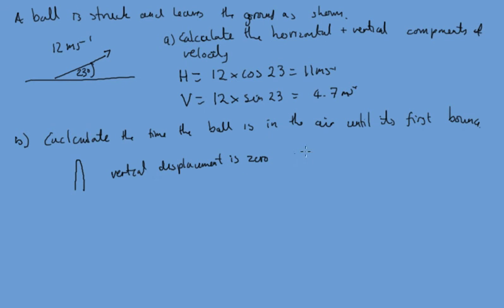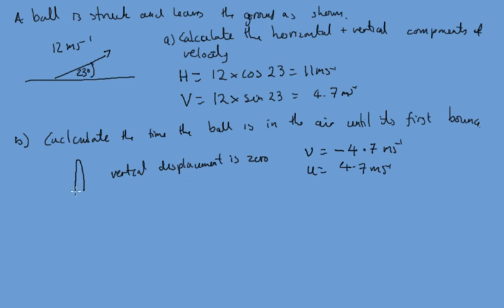So what do we know? We know that its velocity must be negative because it's going in the opposite direction. Its initial velocity is going to be 4.7 meters per second.